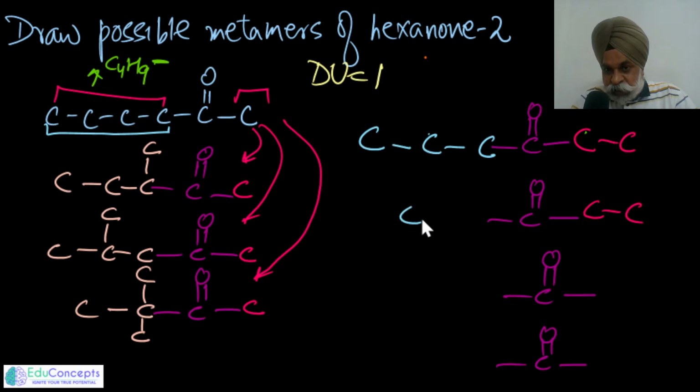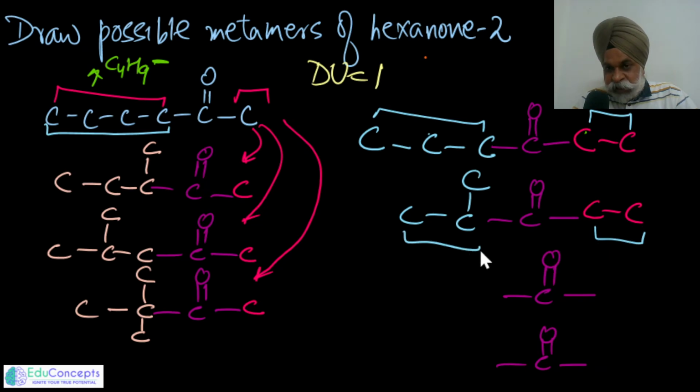And now you can also generate it like this also, isn't it? I think I made my point very clear. Now this is N-propyl, this is ethyl. So commonly its name is N-propyl ethyl ketone. And for this, ethyl isopropyl ketone.